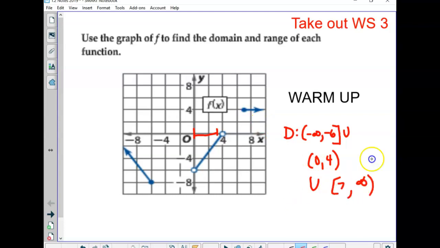Okay. Range I'm a little more worried about because students get confused. The bottom is -8.